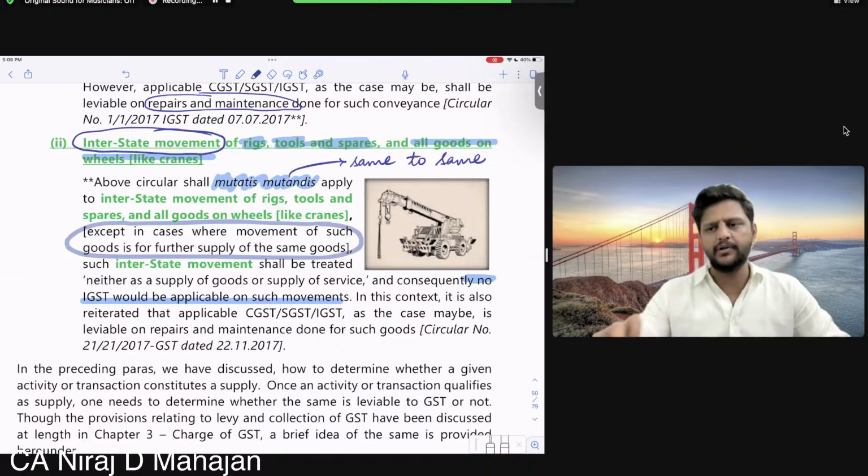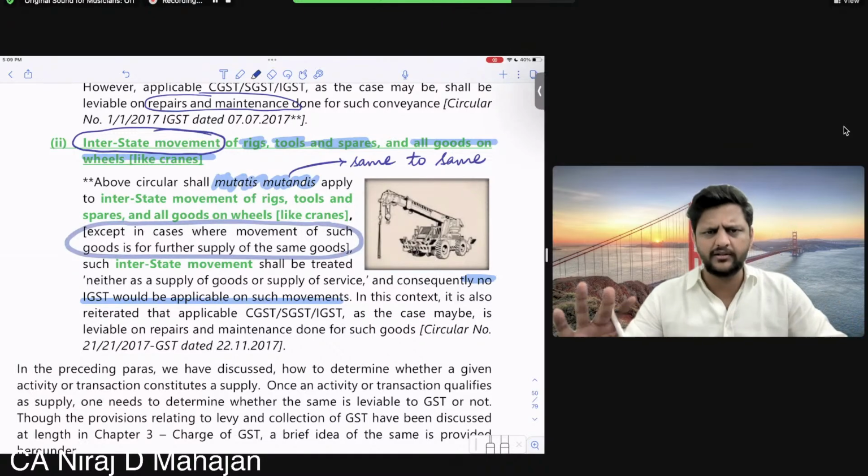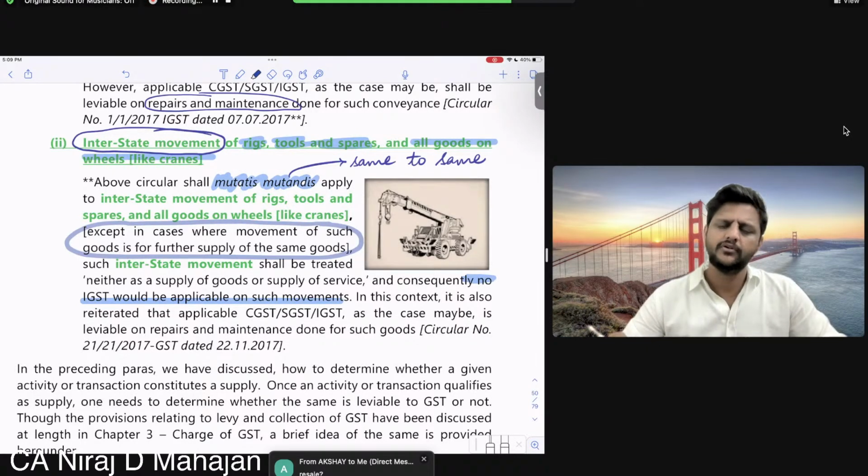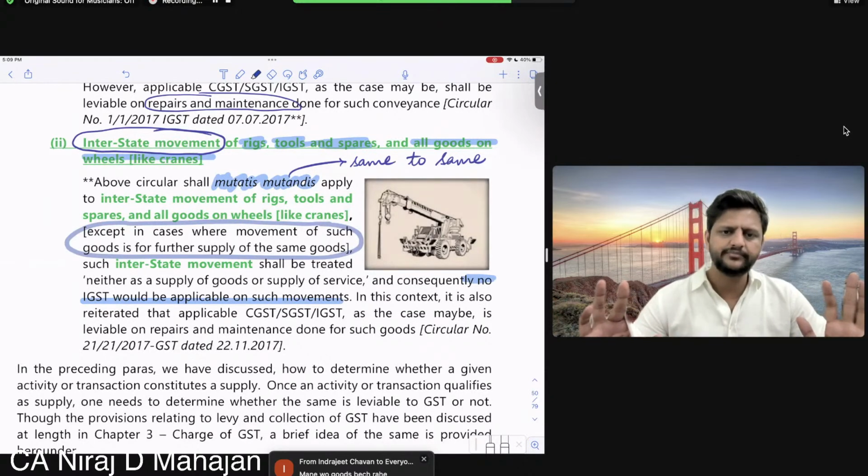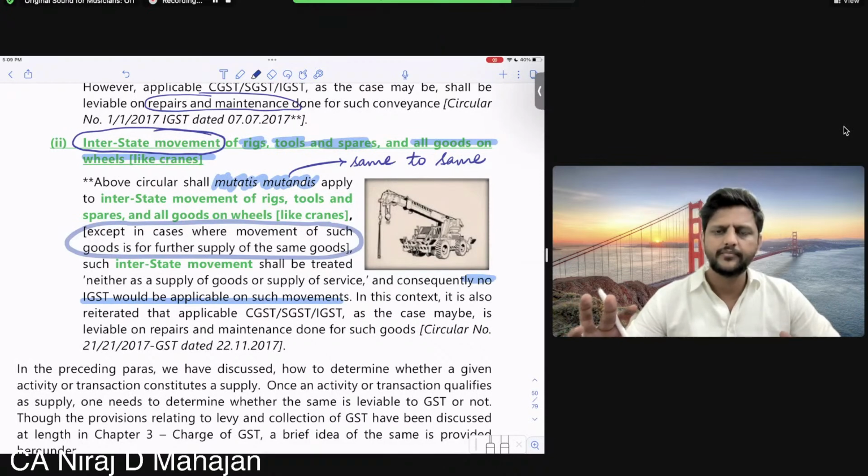For further supply of such goods. Goods means crane. In this example, the crane is going from Maharashtra to Karnataka for sale, correct? For further supply, correct? Correct, sale. Then, bachcho, obviously it is IGST. Understood or no? Clear? Everybody?